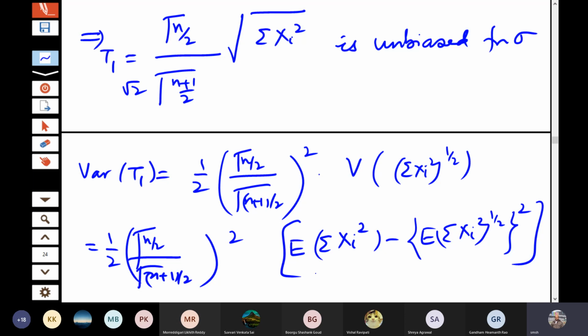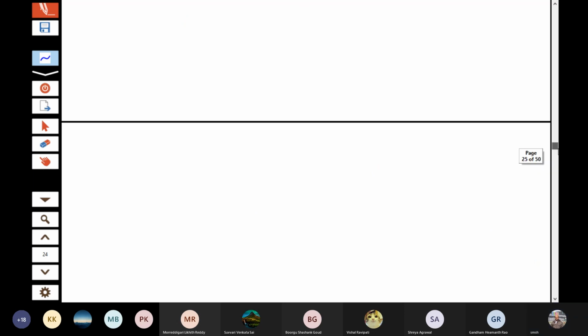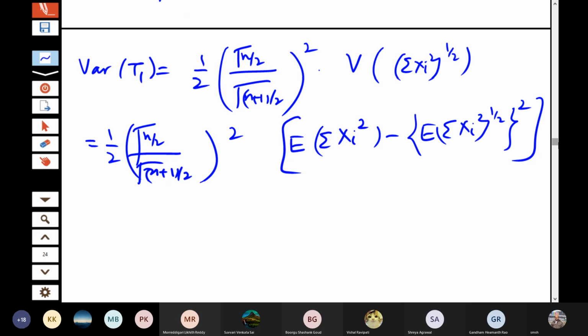Both of these terms we have calculated just now, so I'll just substitute from there. So that is equal to the coefficient. See, this is n and then sigma square will come. And then this one we have just now written, that is 2 times gamma (n plus 1) by 2 divided by gamma n by 2, whole square, and then sigma square.